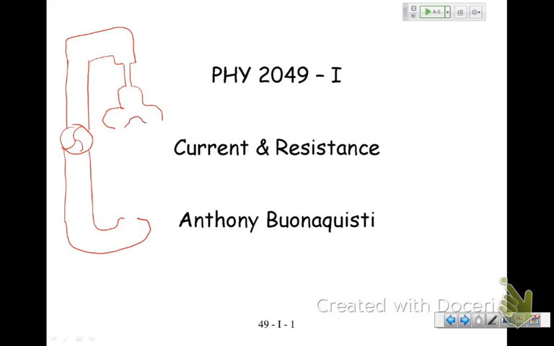I can picture them like this, where I might have two of them, and I might have one like that, and to my mind, that is this circuit. I have a power source, a battery. I have one resistor, another resistor, and another resistor.